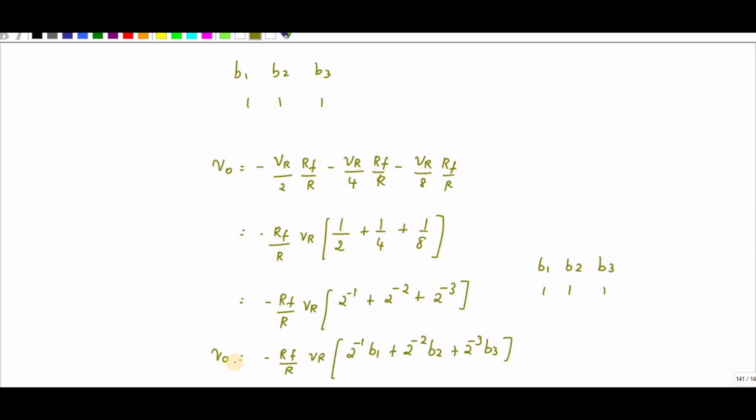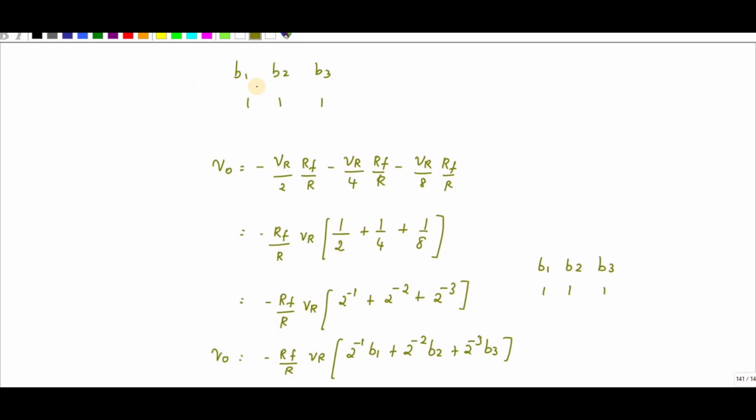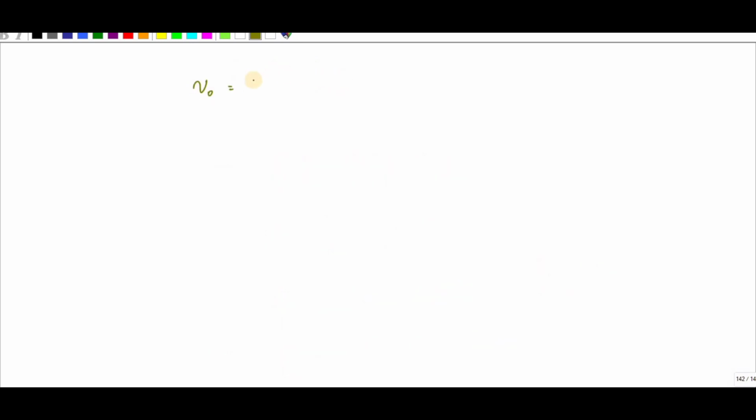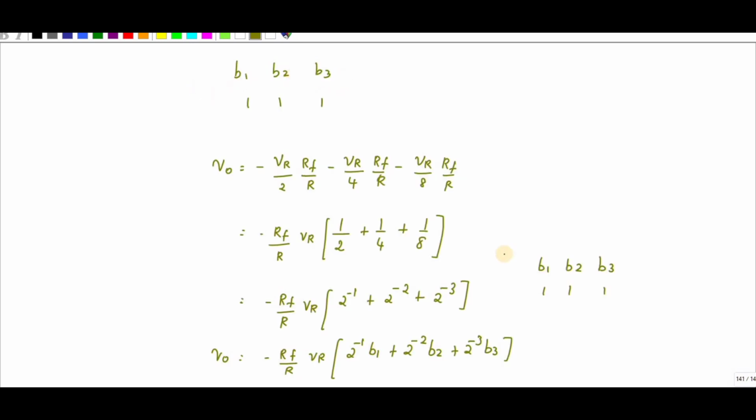So divide the equation by 2 power 3 on both sides. Okay, multiply and divide the whole equation by 2 power 3 on both sides.